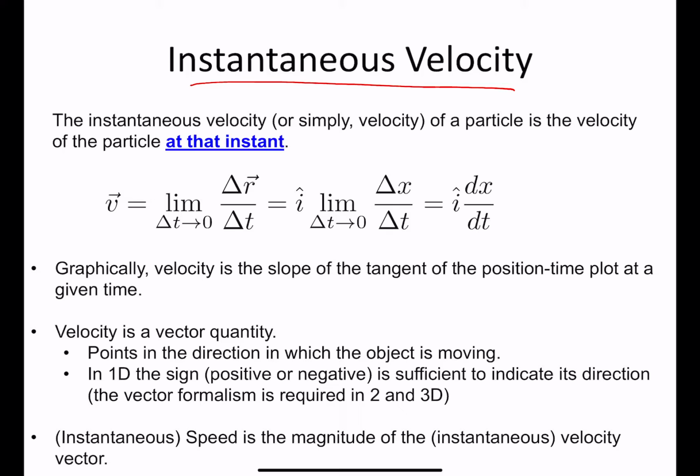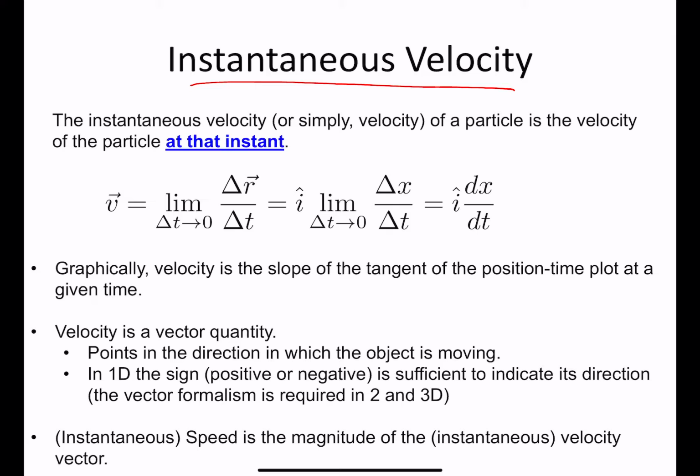So those are devices which measure your speed at one instant in time, right? Similarly, the police radar, which measures your speed, measures the speed at one instant in time when the radio waves bounce off of your car. So instantaneous velocity is something that's intuitively easy for us to understand.